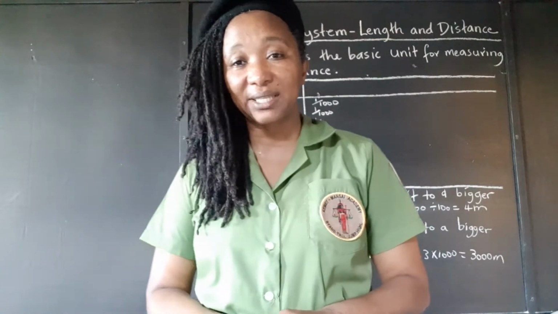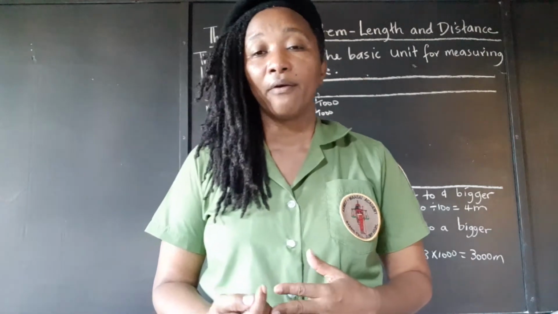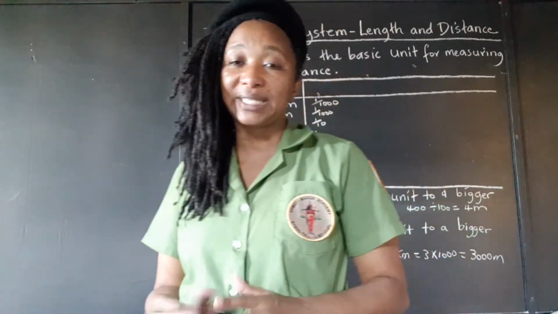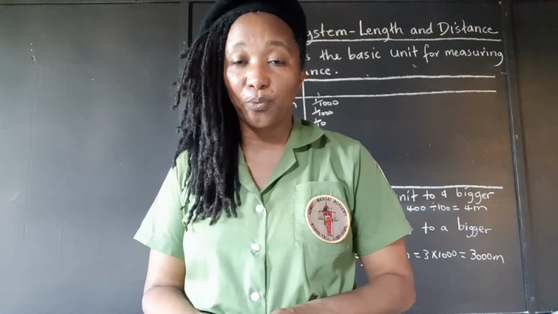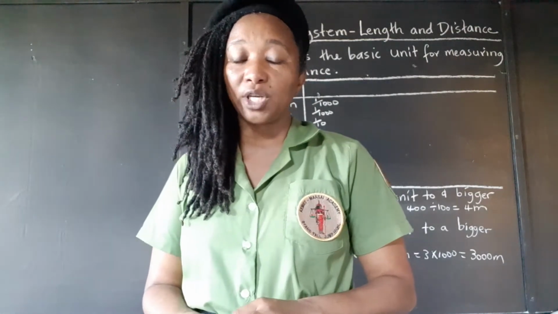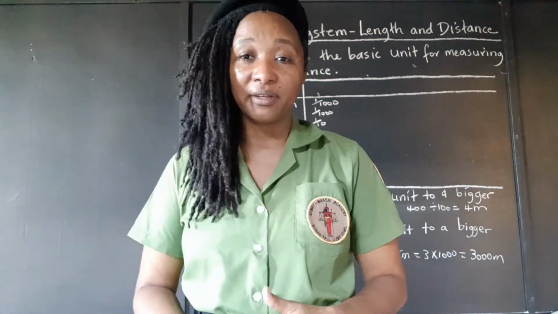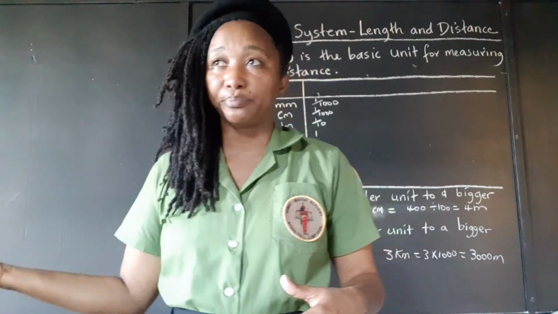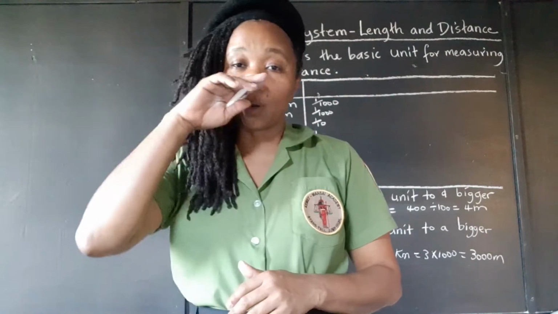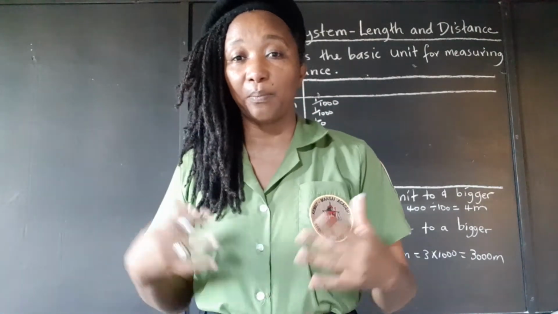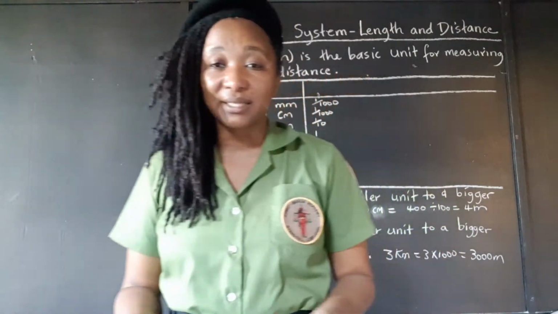Now the metric system is based on units of 10, right? Prior to the metric system becoming popular, we used to use the avoirdupois system, which included measurements like the inch, the yard, that's for distance, right? We used to use things like ounces and pounds and so on, miles.